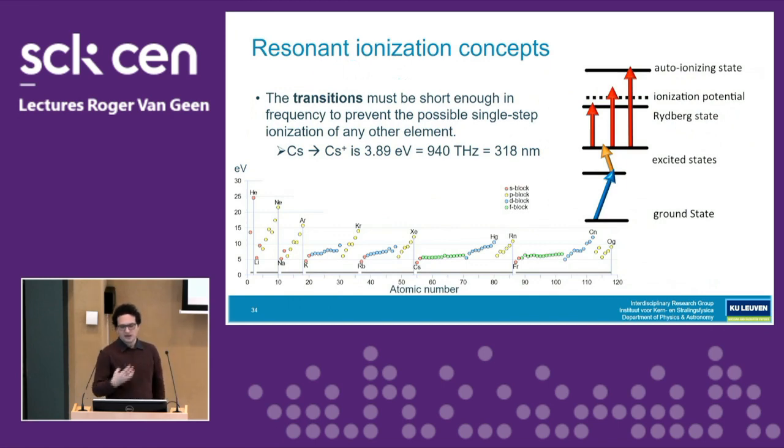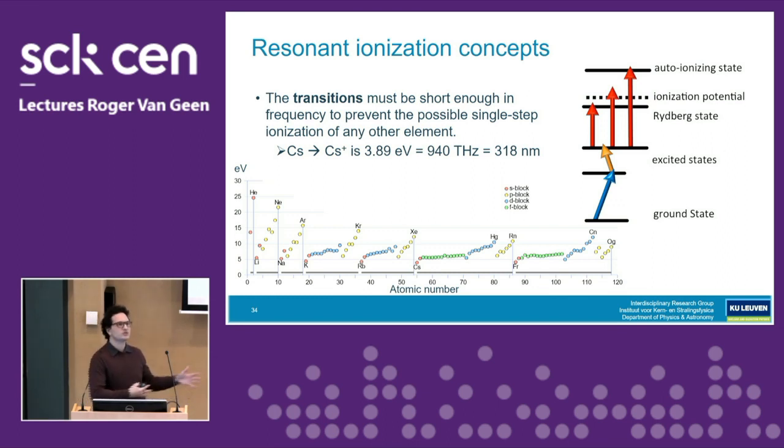So let's look at some concepts. You want to select transitions in your atom which are going to be short enough that they will not be able to excite anything directly and non-resonantly from the ground state across the ionization threshold. You don't want to go into too deep UV.